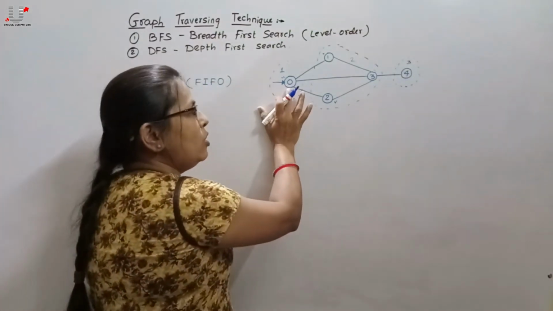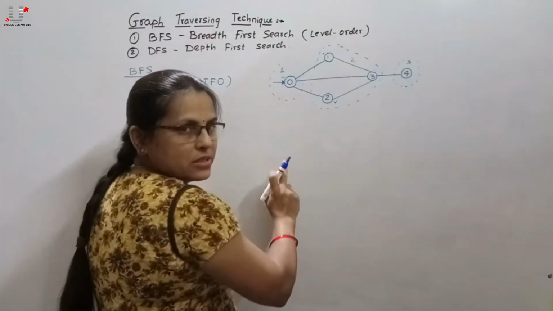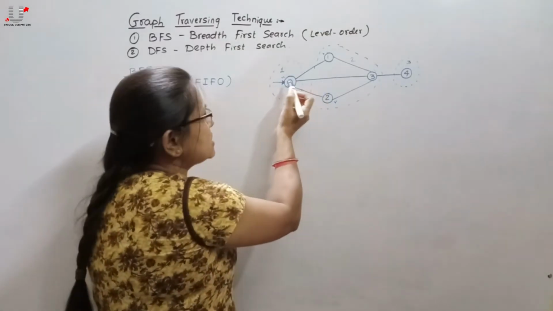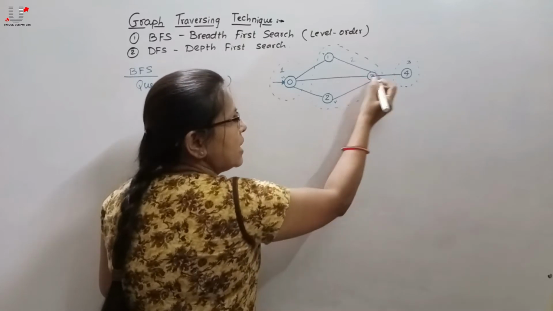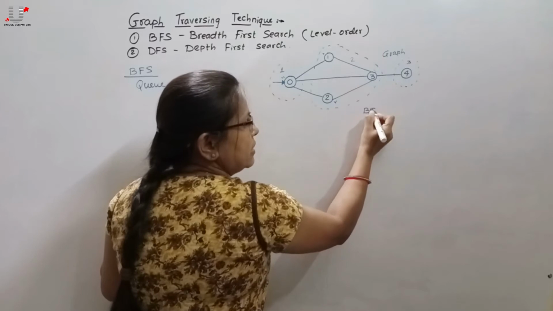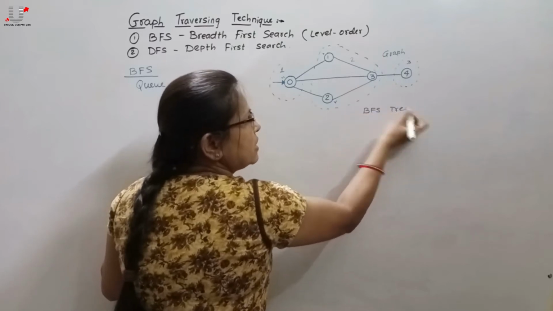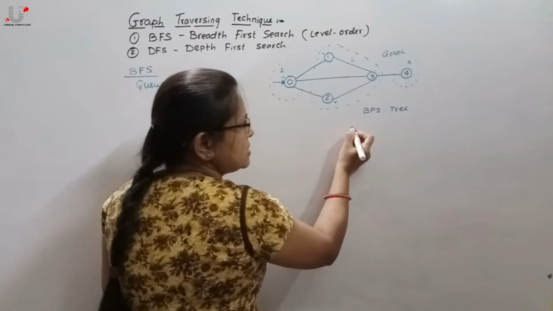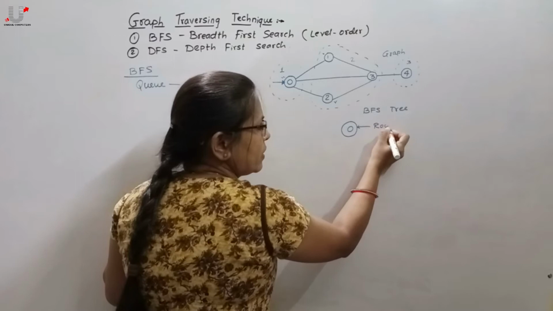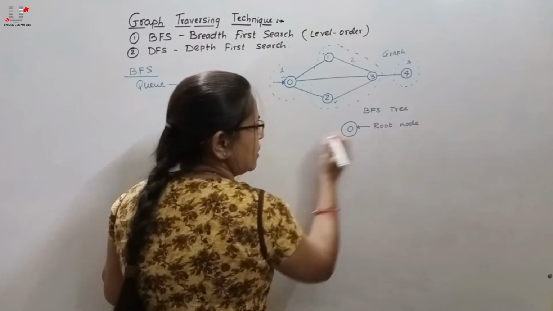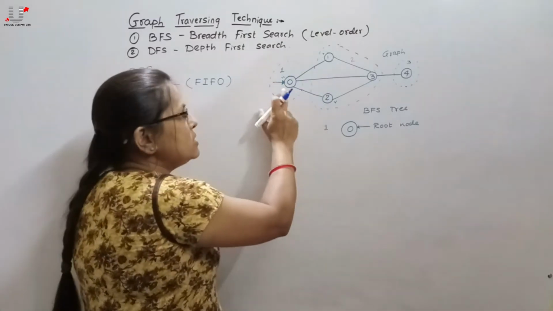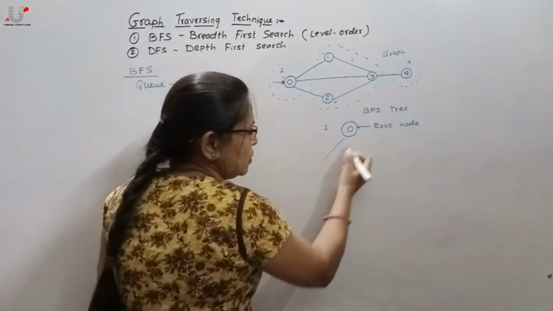So let us draw the BFS tree of this graph. Now we have to draw the BFS tree of the given graph. The starting vertex is called the root node. It's a root node with level 1, and there are 3 adjacent nodes to this 0.